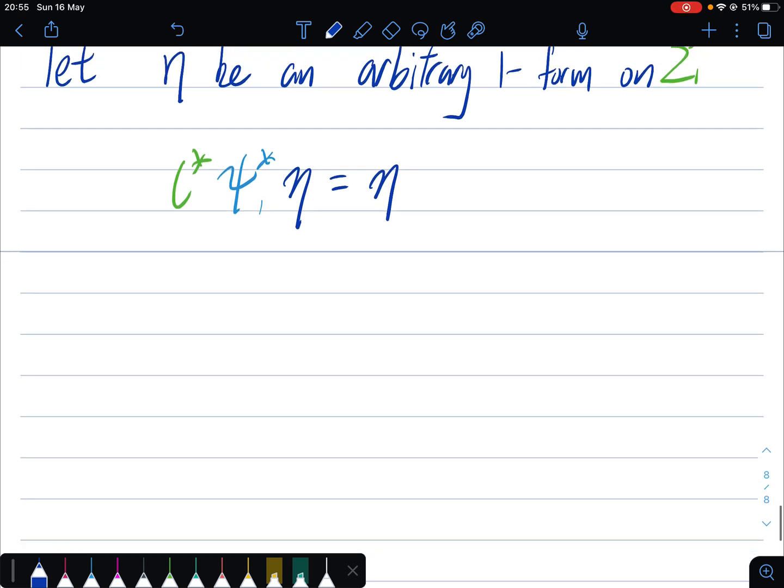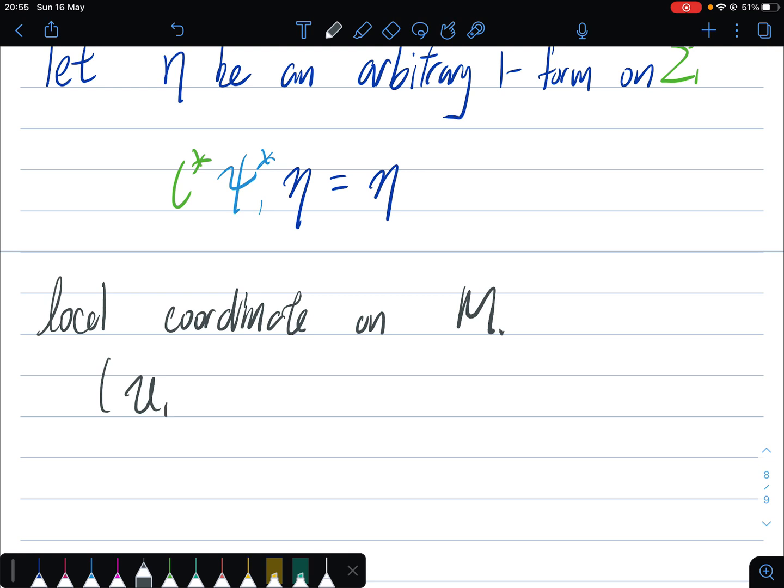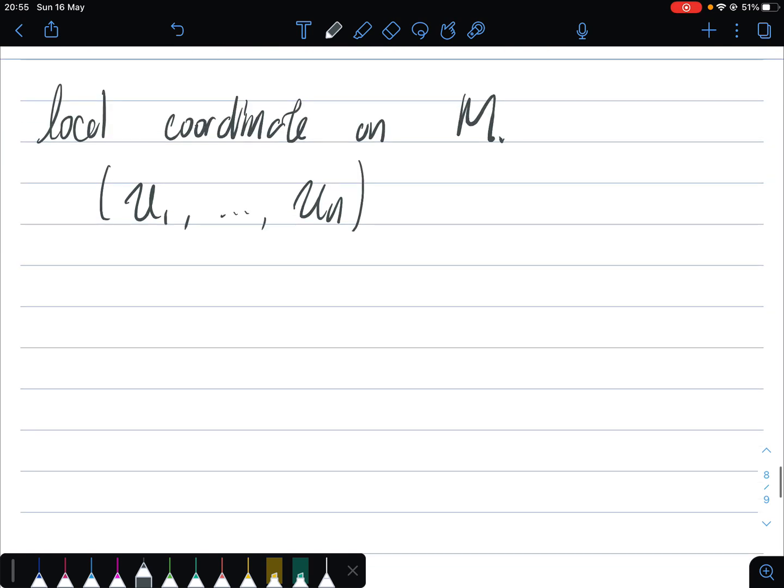So we use the local coordinates on M, just like the previous u1 to un coordinates.